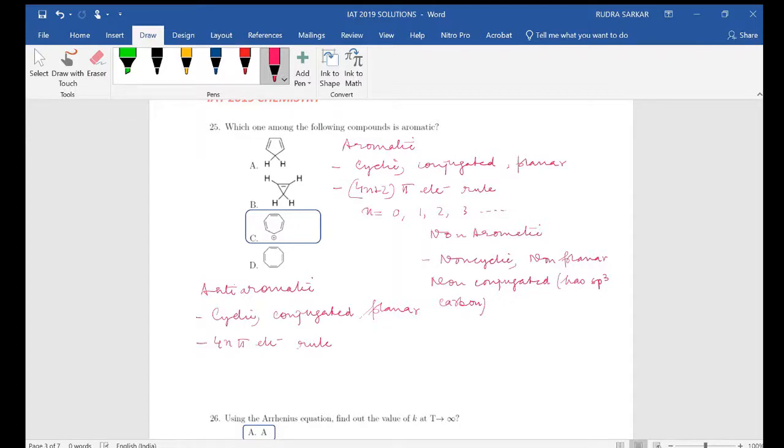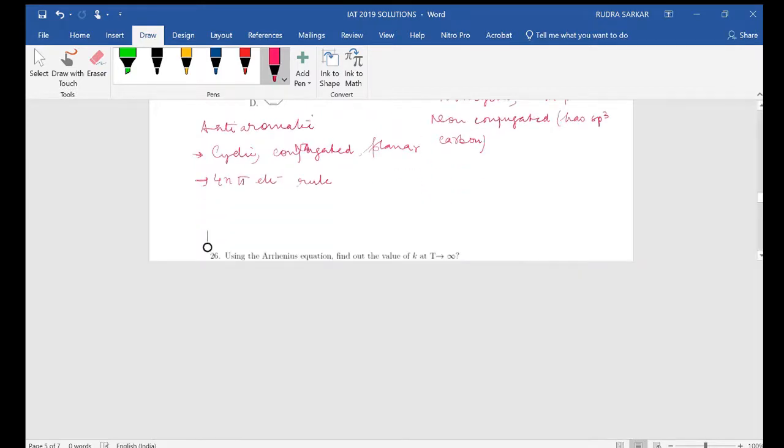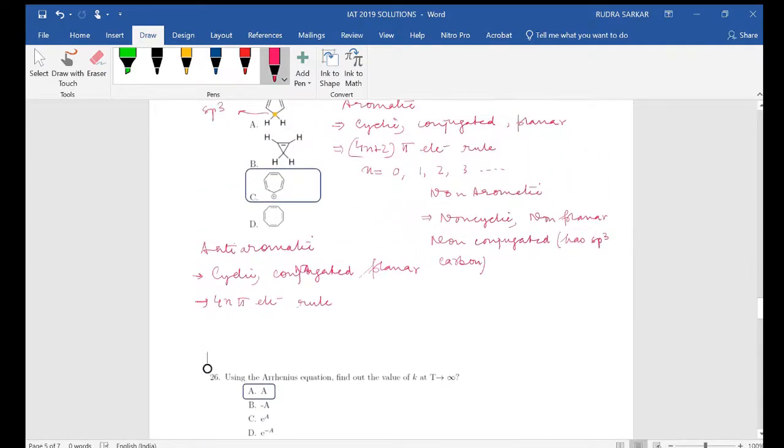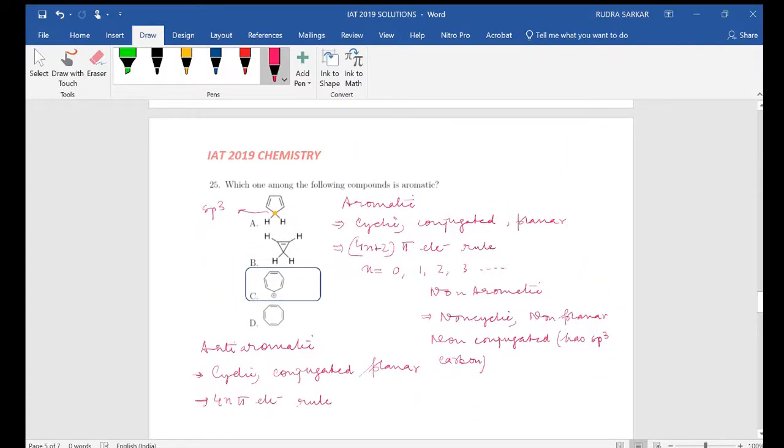Now, if you observe closely out here, the first molecule here is having a sp3 carbon. Okay, so obviously we will call this as non-aromatic.